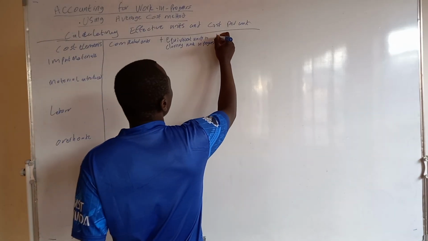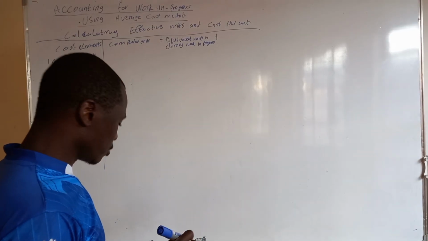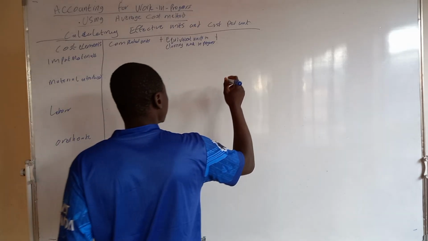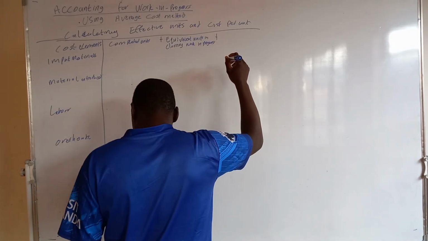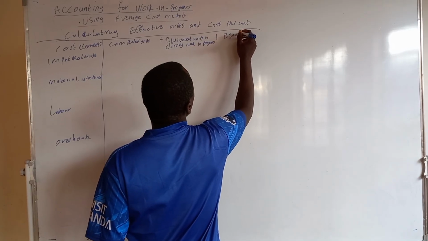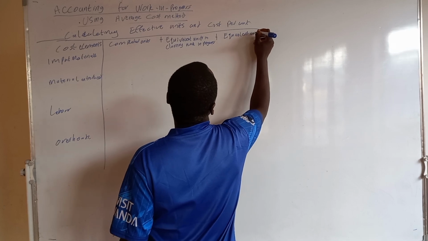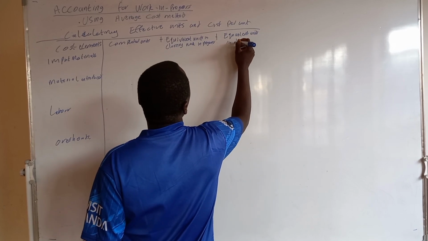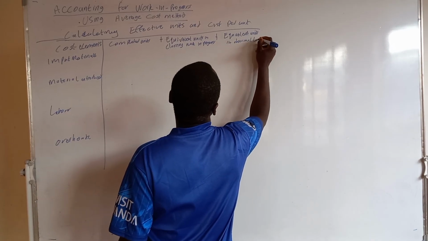Then we add our abnormal loss. Equivalent units in abnormal loss.